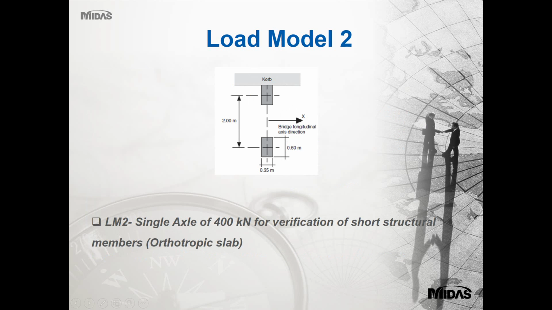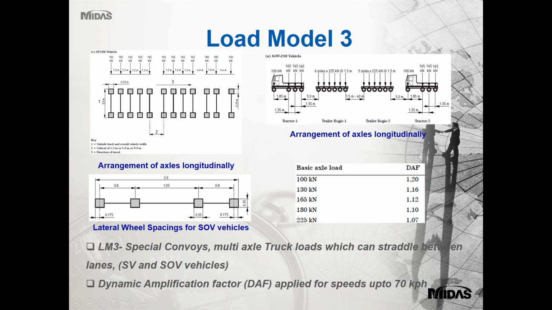Then apart from load model 1, which is used to model normal traffic, we have load model 2, which is used for local verification of elements only, for short structural members, because it uses a very heavy axle load of 400 kilonewtons. Then there is load model 3, which is used for long axle combinations like truck loads, and special vehicles which can straddle between 2 lanes are also there.